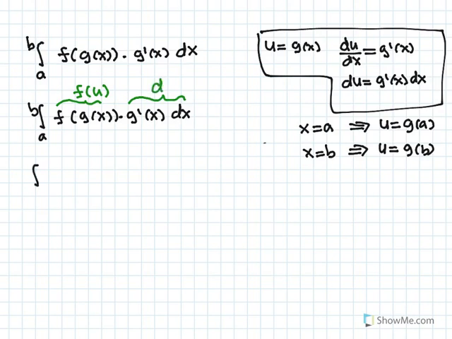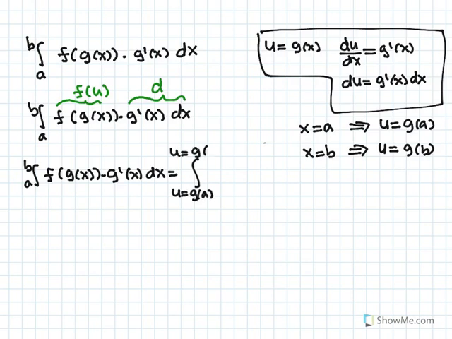We transform the limits, so we now have u equals g of a as the lower limit, and the upper limit is u equals g of b. The integrand is f of u du.